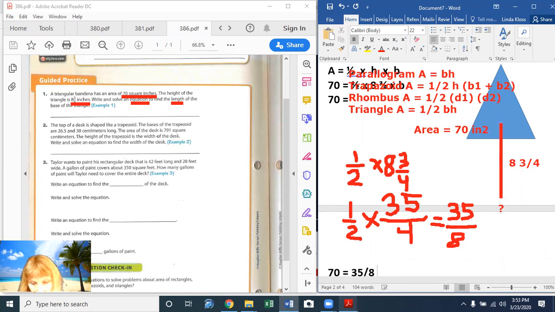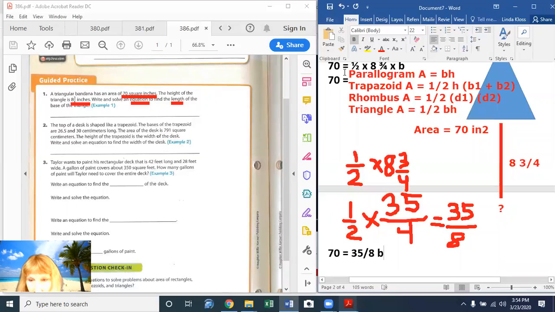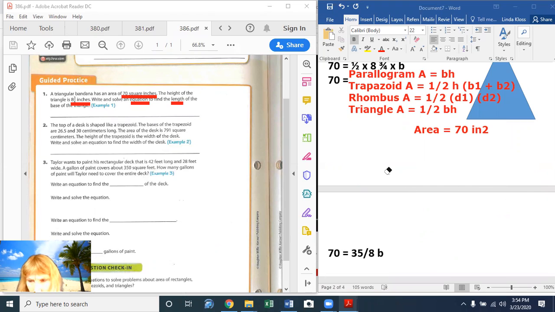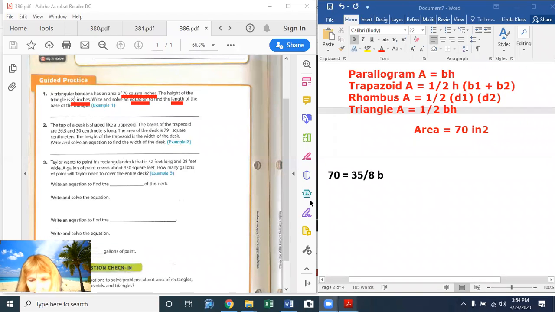Or we're just going to put the b next to it because that means times. Now, I'm going to have to clear some of this. Clear that and move down a little bit. So we are now at 70 equals 35/8 b.